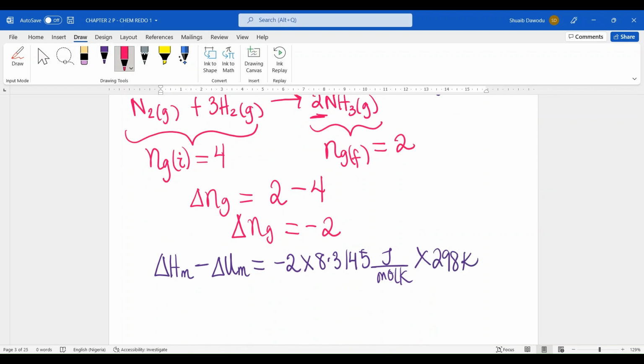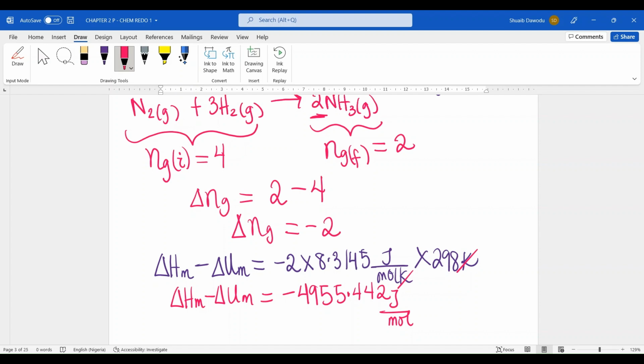Of course the Kelvin cancels out. So minus 2 times 8.3145 times 298 is simply going to be negative 4955.442 joule per mole. This is basically the answer.